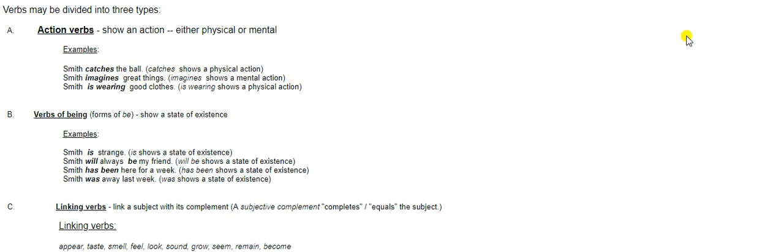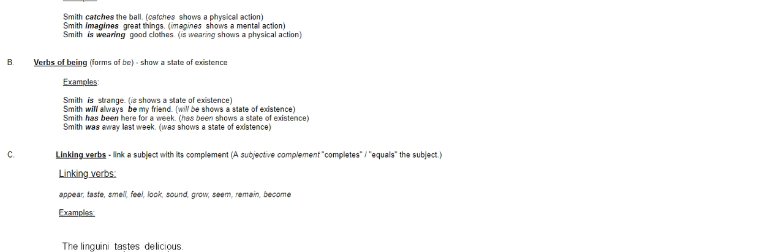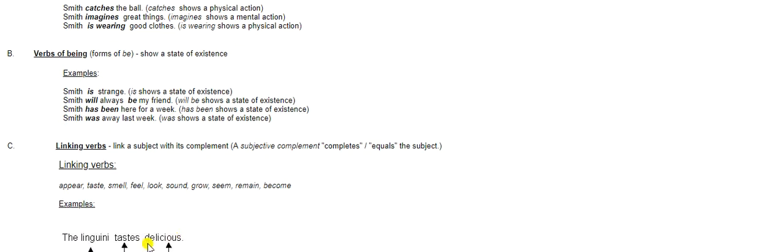So in all of these cases, to figure out what the subject is, you would ask who or what is doing the action, is being, or is equal to the last part of the sentence. So the linguine is what tastes delicious. So who or what is linked to what is in the latter part of the sentence there.